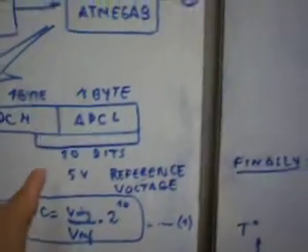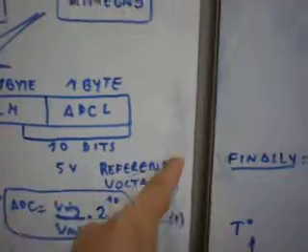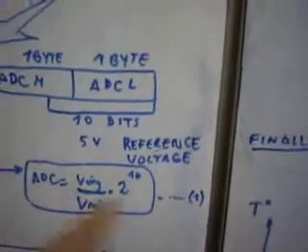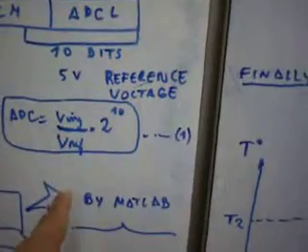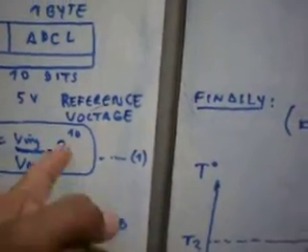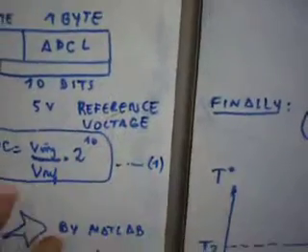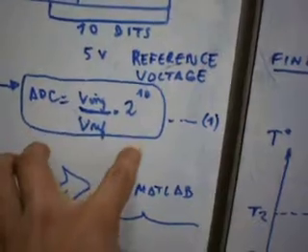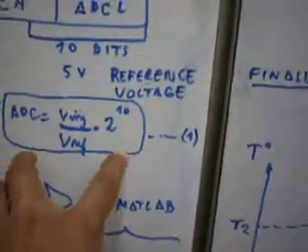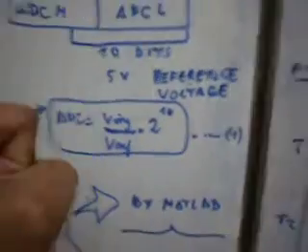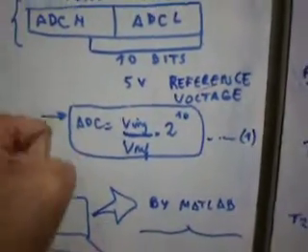I decided to work with 10 bits as a resolution and 5 volts as a reference voltage, given by this expression: voltage input with respect to voltage reference per 2 to the power of 10 as a resolution. This is important because here is the information of the temperature, but now as a codified value.